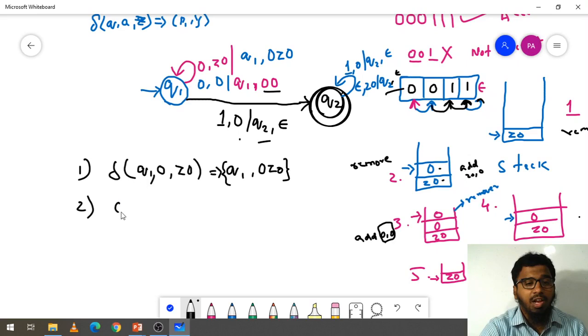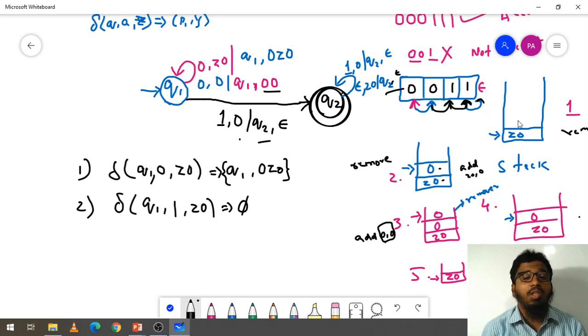Next is delta. Here we have taken 0, so we can take on the same stack, q1 comma 1 comma Z0, that is phi. Why are we writing this? Because whenever we have 1, there should be 0 first, and only then will it accept the string.